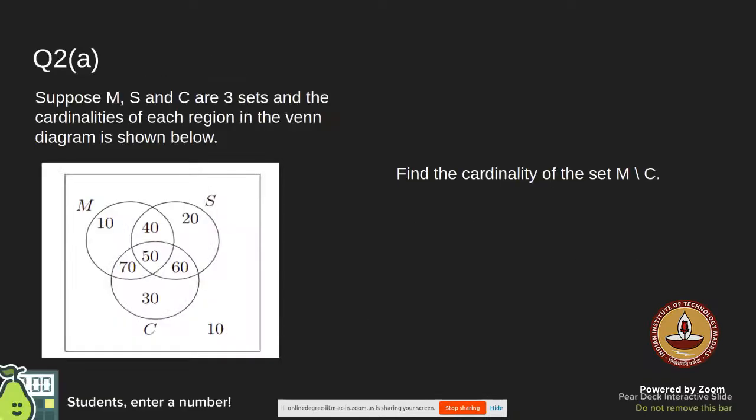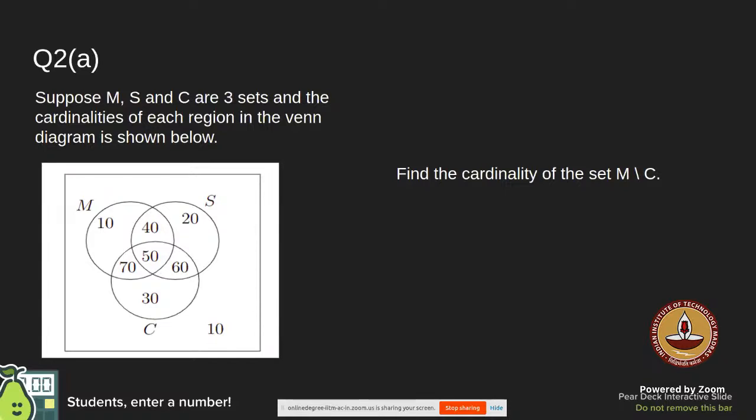Some of you may want to do this type of problem. So there are 3 sets, M, S, and C. All the cardinalities of the regions are given, right? 10, 40, 20. Wherever it is written, that is the cardinality of that region.